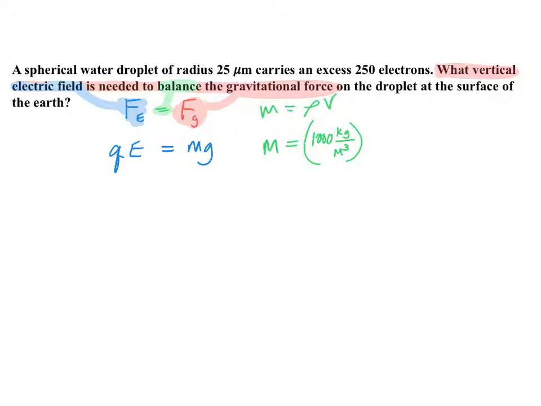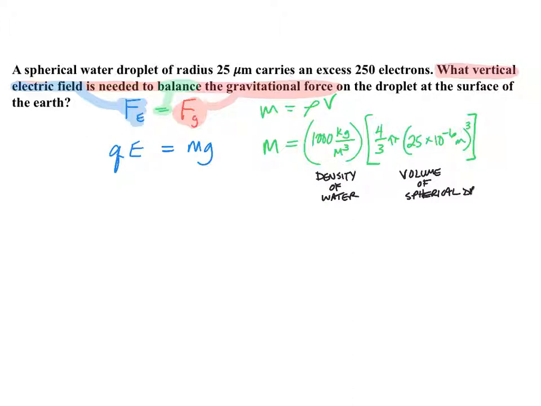Hopefully you remember that from chemistry. Now the volume here, I know that the volume of a sphere is 4/3 pi r cubed, and our r is this 25 times 10 to the minus 6 meters. That has to get cubed. Okay, so I have the density of water, and the volume of a sphere, or spherical drop, if you will, in this case.